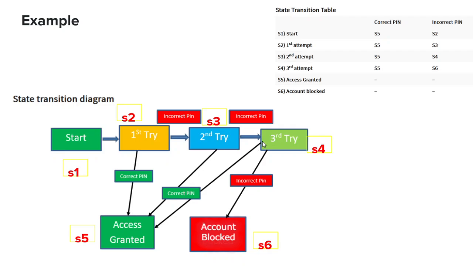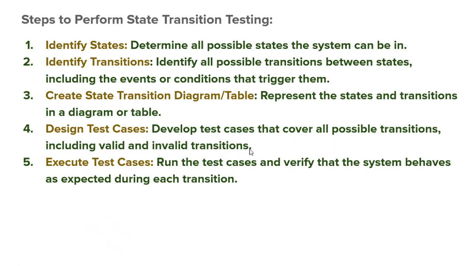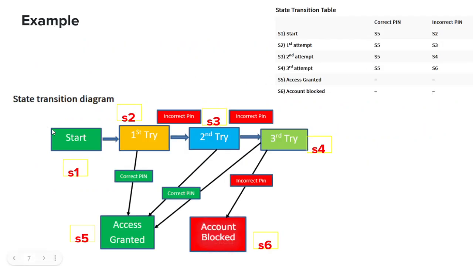Now we have to define the state transition diagram. So if you see, these boxes are basically different types of states. So what is the first step? We have to identify the states. We have to determine all possible states that the system can be in. So the first state will be starting. So start will be S1. S1 means state 1.